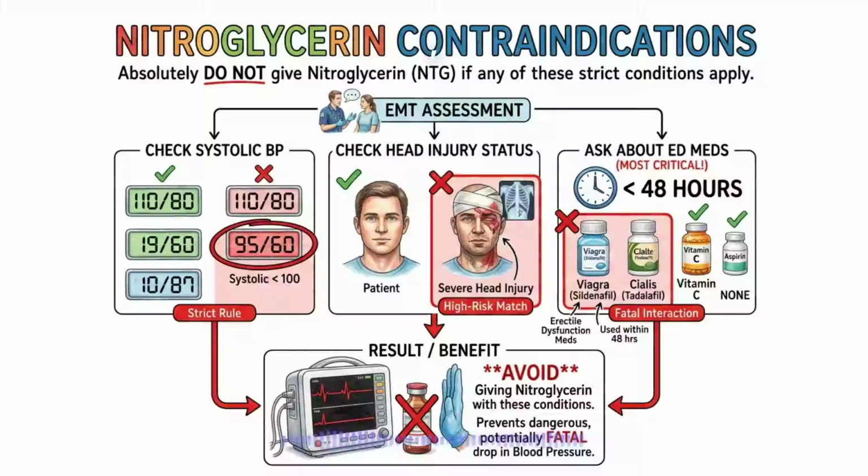The certification exam loves to test the strict contraindications for nitroglycerin, which are conditions where giving the medication could harm or even kill the patient. You absolutely cannot give nitroglycerin if the patient has a systolic blood pressure below 100. Or if they have a severe head injury.